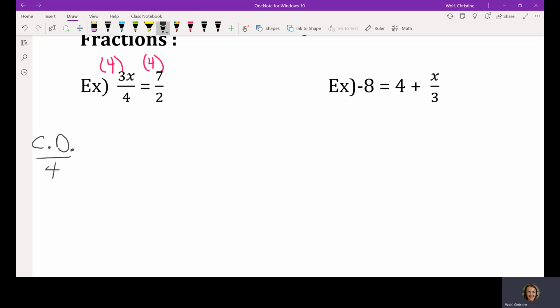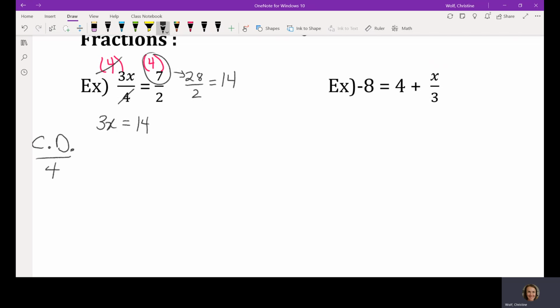We get rid of all of the fractions in one shot, because here a 4 up top and a 4 down low cancel each other out. So I just have 3x on the left-hand side. But on the right-hand side, you have to be careful because this is actually now 28 over 2, right? 4 times 7 is 28 and still divided by 2, which is just a big fat 14.